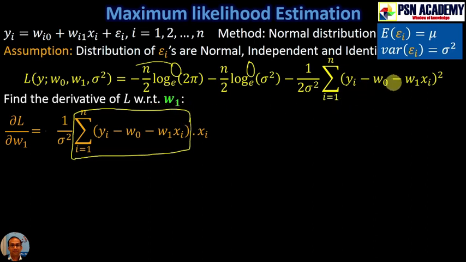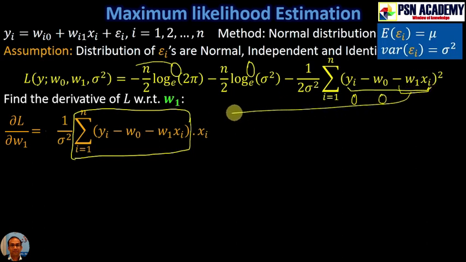And now inside we find the derivative of this expression. So for yi, it will give you 0. For w0, it will give you 0 this time, because you are differentiating with respect to w1. So this part will give you xi, right? The derivative of w1 xi will be xi.